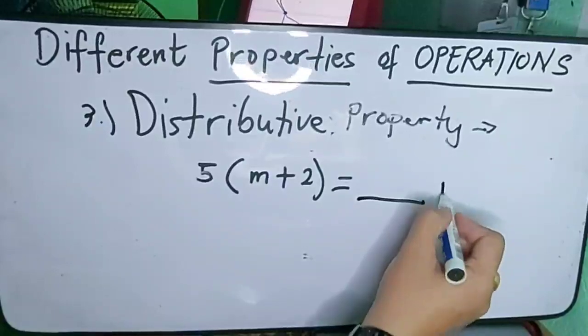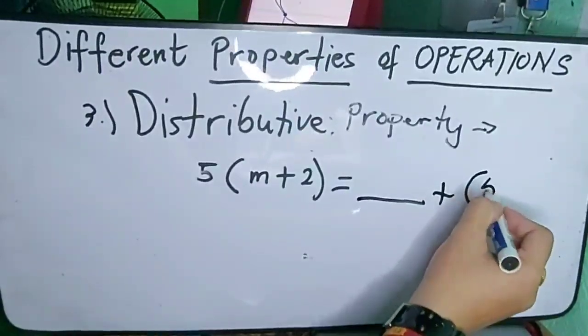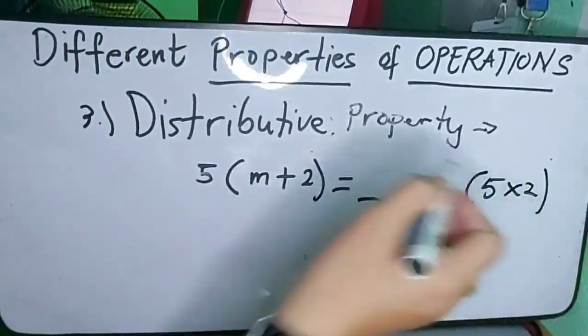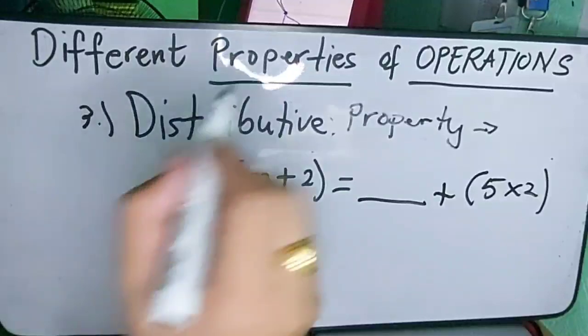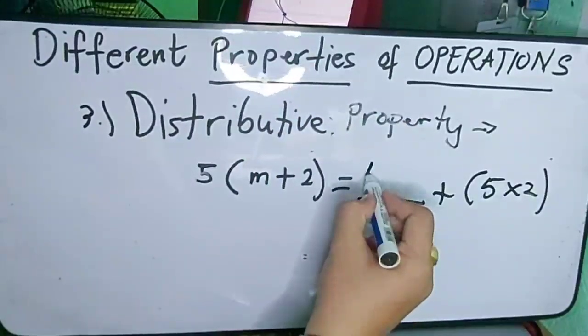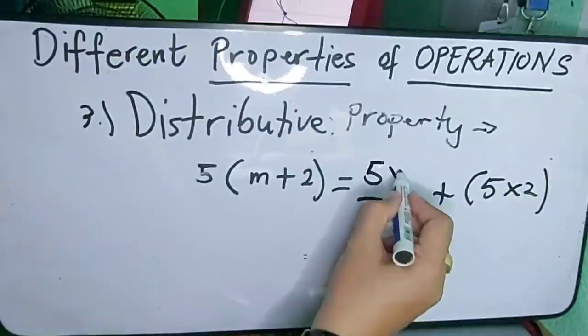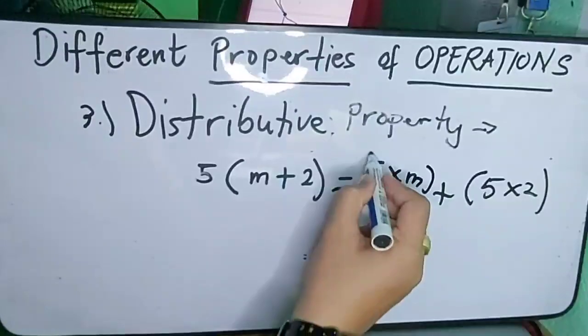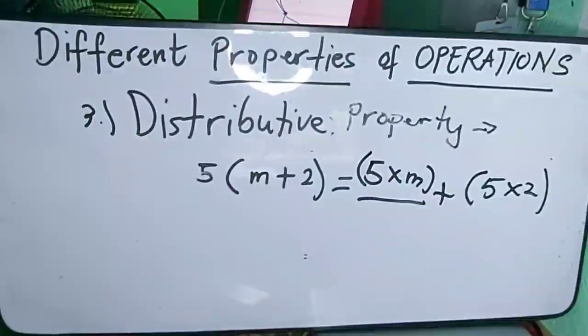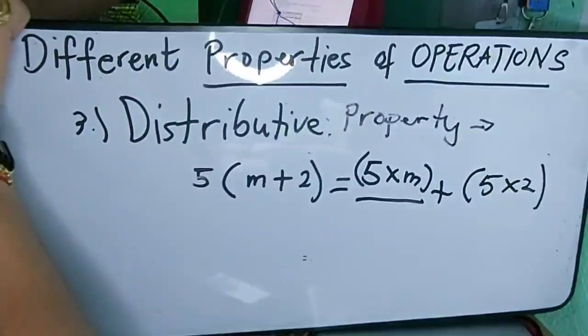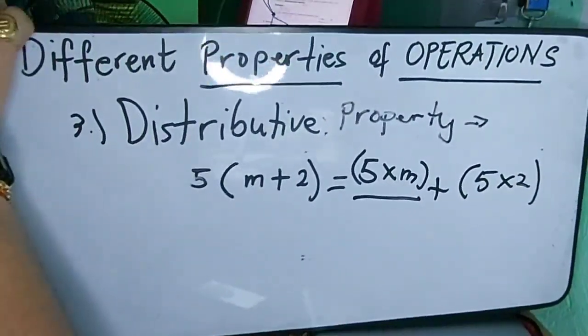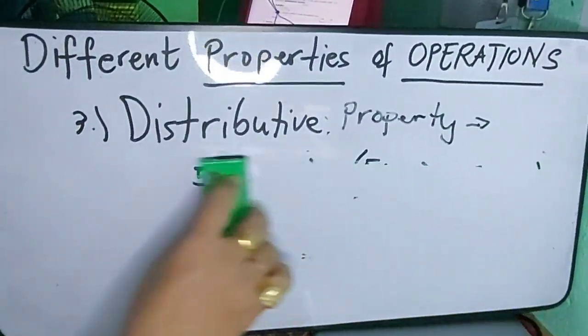The unknown one plus 5 times 2. What is missing on the blank? Okay, very good. The answer is 5 times n. This is the missing term. So again, that is what we call distributive property.